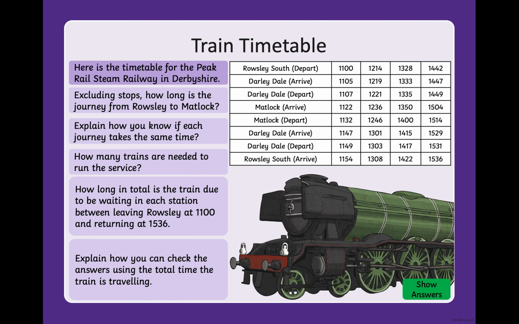So it cannot go back to the starting point and just move on to the next one again until it reaches the last one, which is the Rowsley South. And same thing for this one. This one is 12:14 and to 13:08. But between these two, there's actually time.